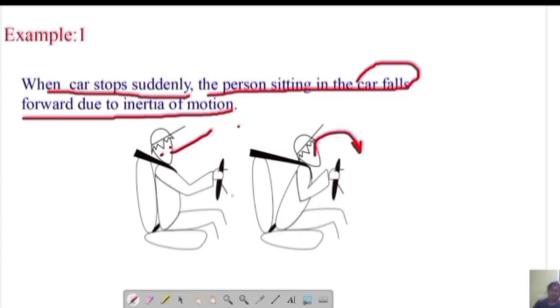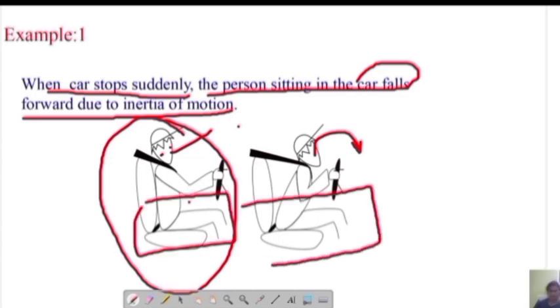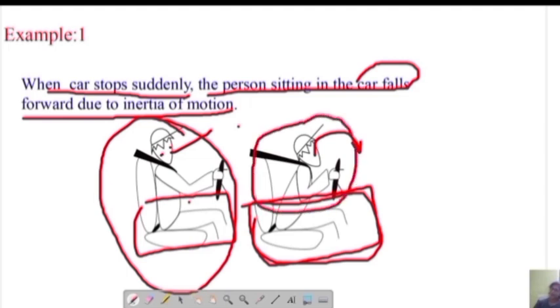As the car is in a state of motion, the whole body will be having the same velocity as the car is having. The lower part of the body is in contact with the car, and when he applies sudden brake, this lower part comes to rest after the application of force. But as the whole body was in motion, the upper body will remain in a state of motion only.